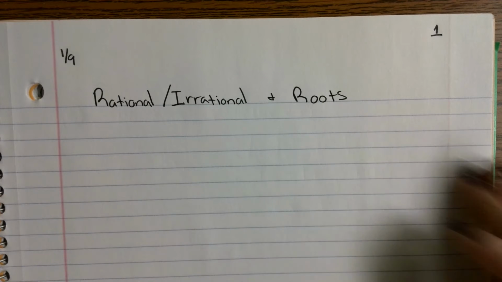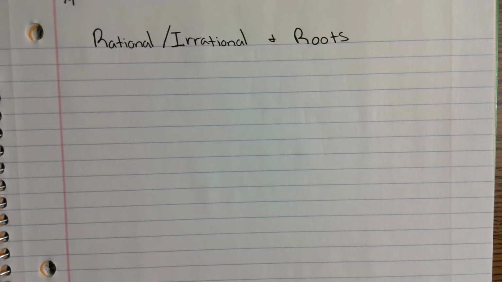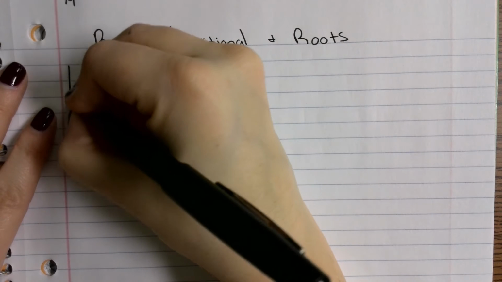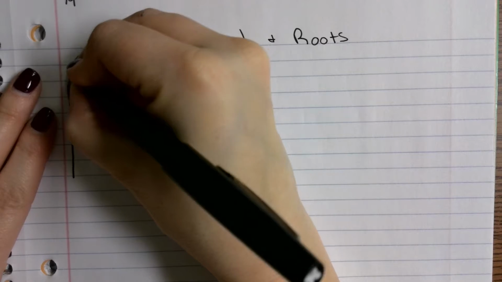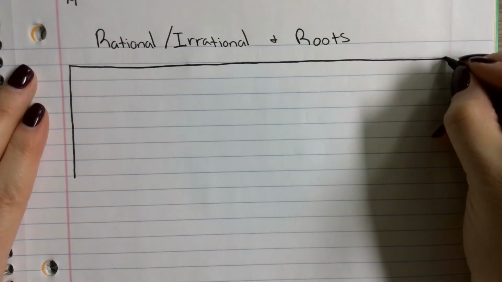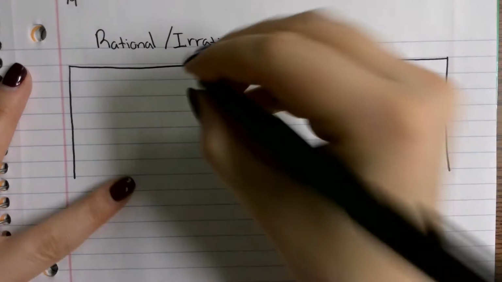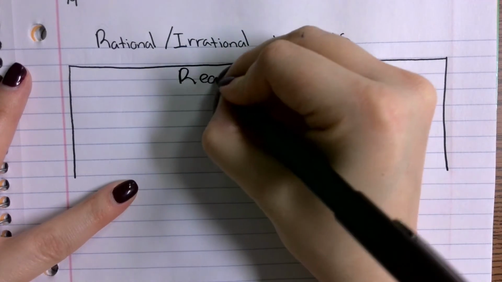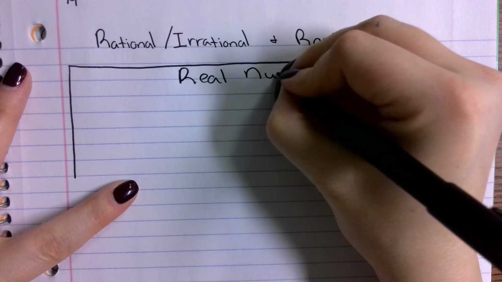So I'm going to give you guys a chart to show you what makes that split for rational numbers and irrational numbers. So the first idea that you have in this section is what we call all reals. So we have our real numbers.